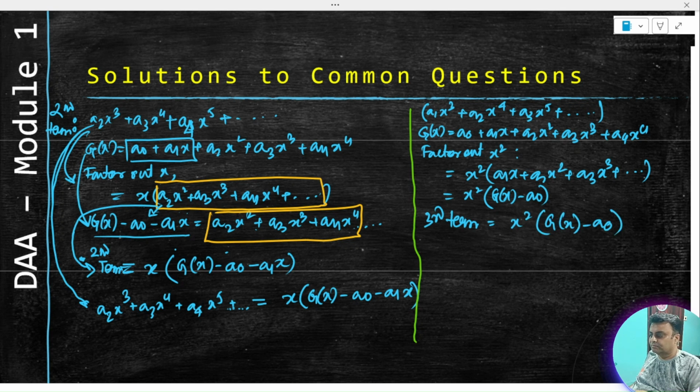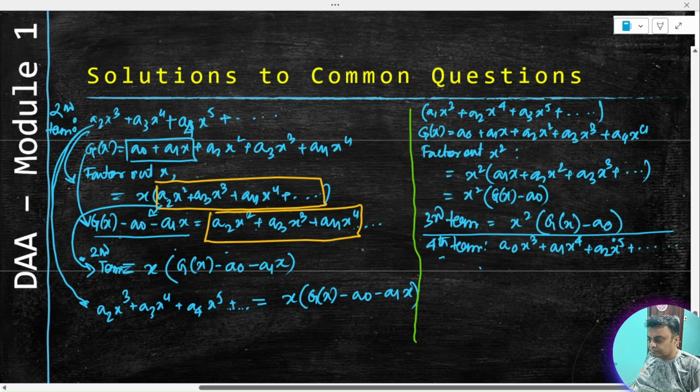That's my third term. And my fourth term, if you see, my fourth term is like this: a0x cube plus a1x^4 plus a2x^5 plus dot dot dot. So here what is wrong? Let's see. My g(x) is equal to a0 plus a1x plus a2x square plus a3x cube and so on.